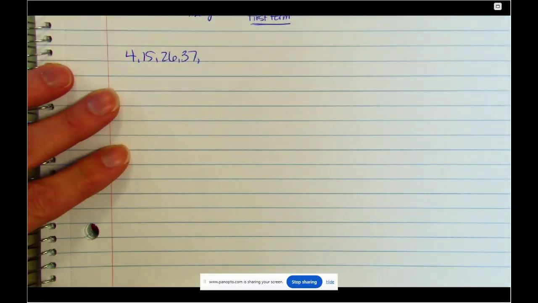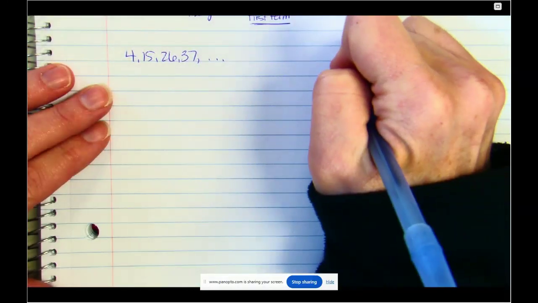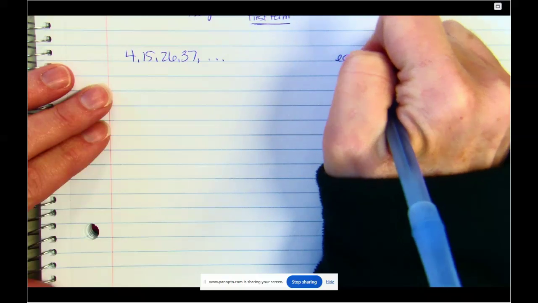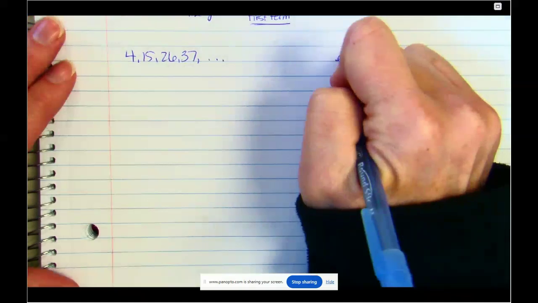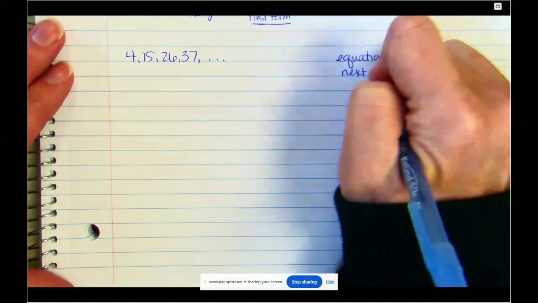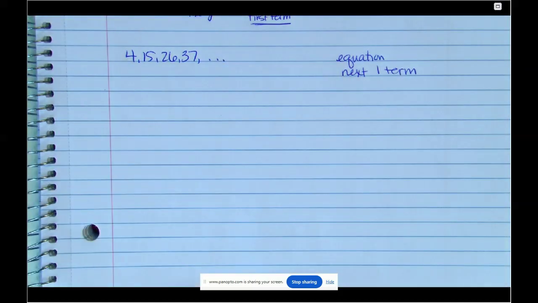Okay, so here's what I would like you to do. I would like you to write the equation or the formula. Sometimes they're called formulas. Write the equation and then find for me the next one term. Okay, so not the next three, but the next one. Okay, write the equation and the next one term.